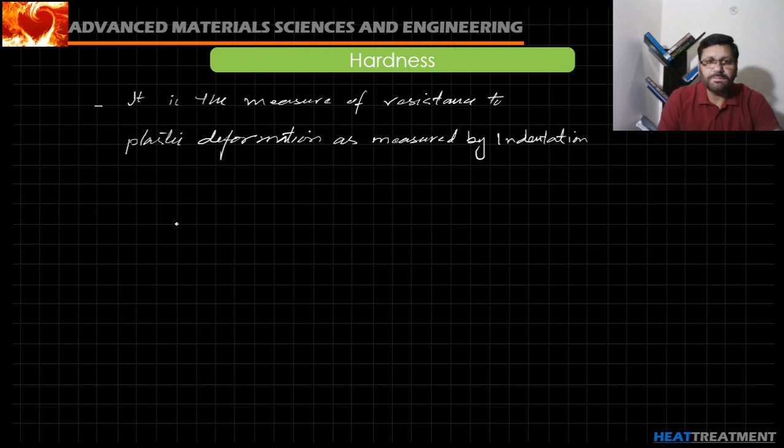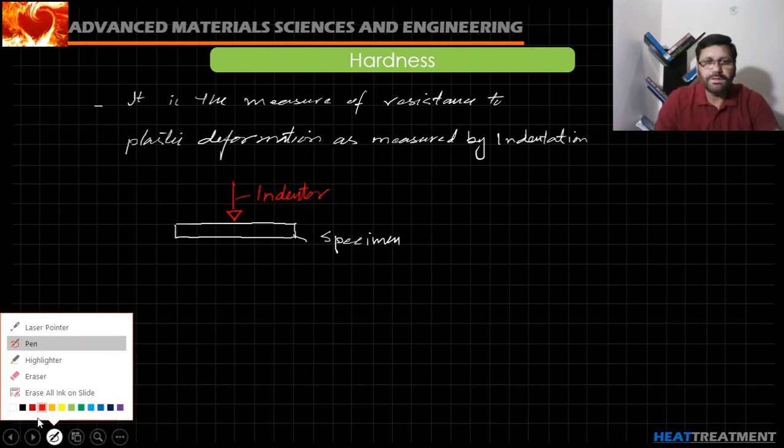Let's say we have a specimen for the hardness test, and we have an indenter. This is the indenter to measure the hardness of the material.